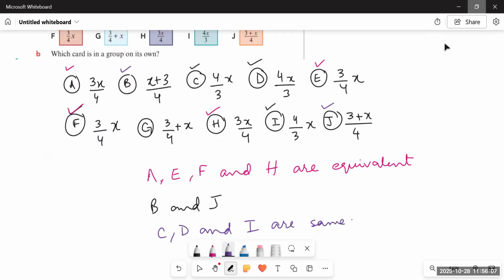And then what is left? It's just the card that is in a group on its own.